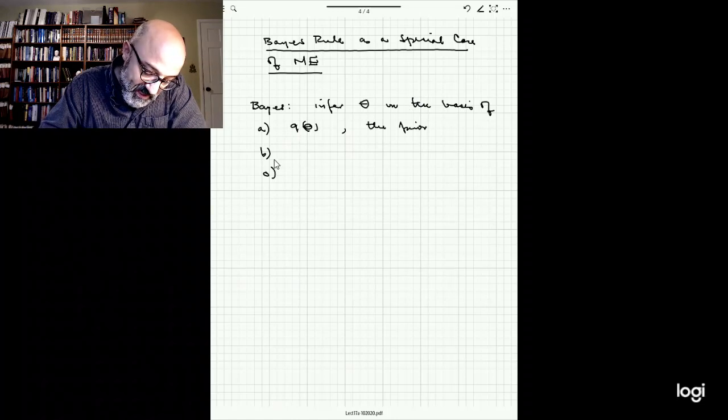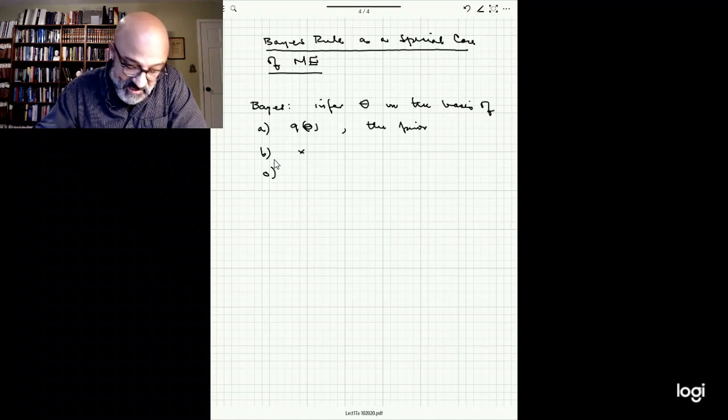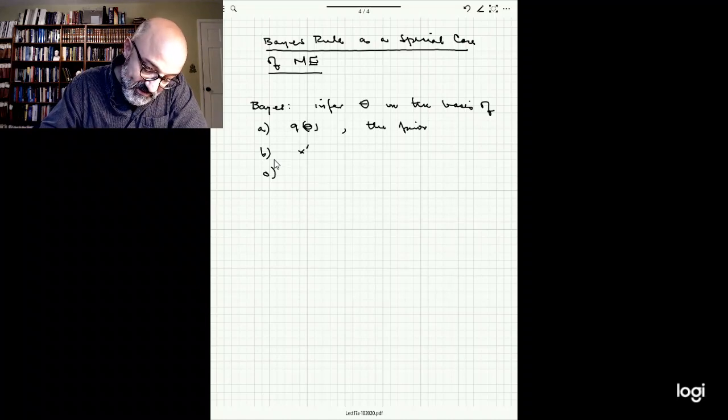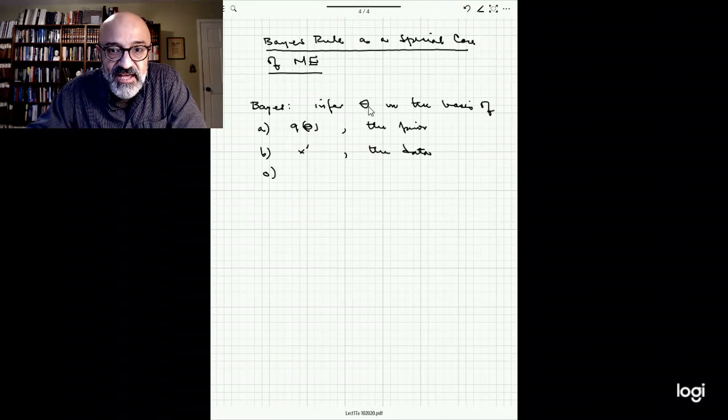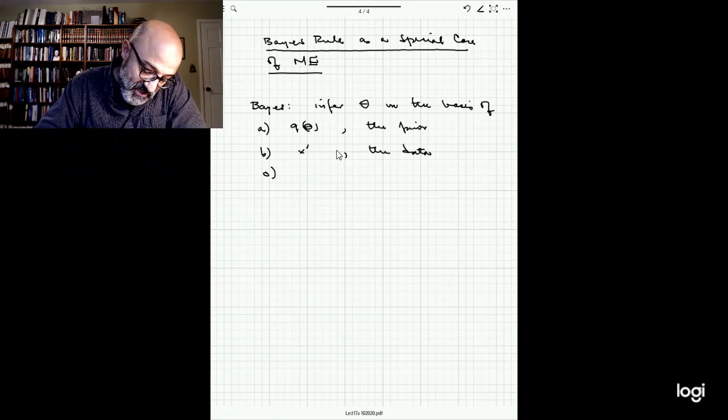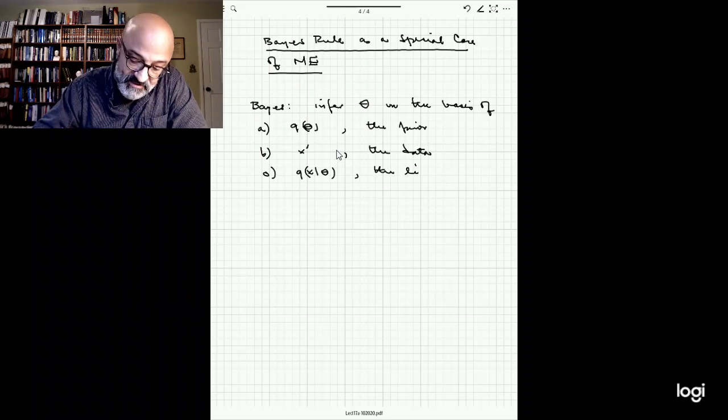Another is information on some collected data, the data. And finally, if you want to draw conclusions about theta on the basis of x, it is absolutely crucial that you understand how theta and x are related. So you need a likelihood function, the relation between x and theta.